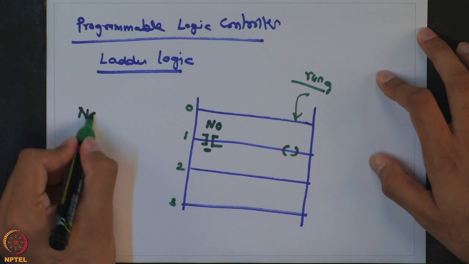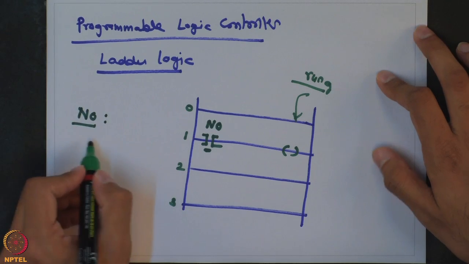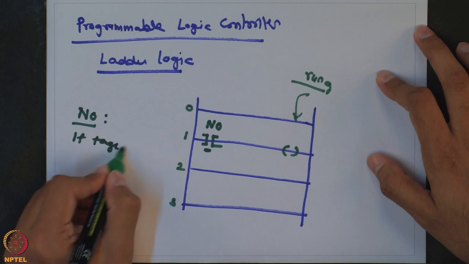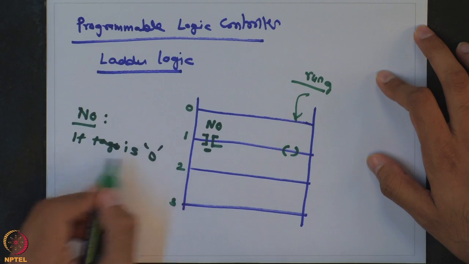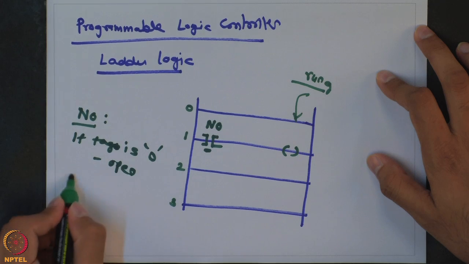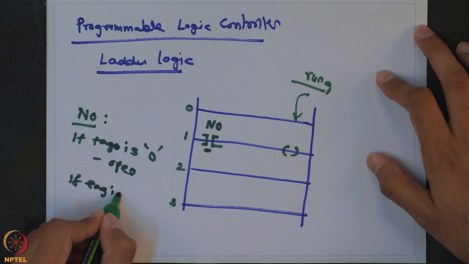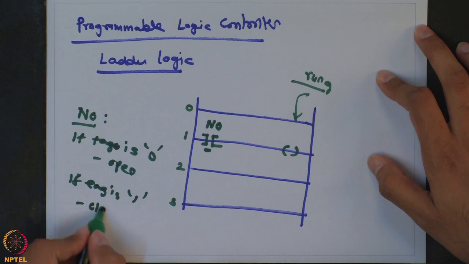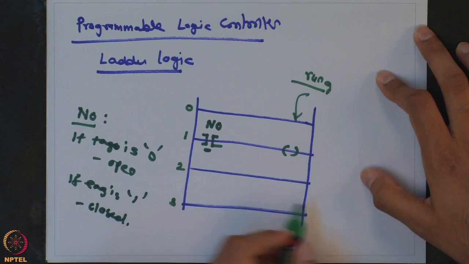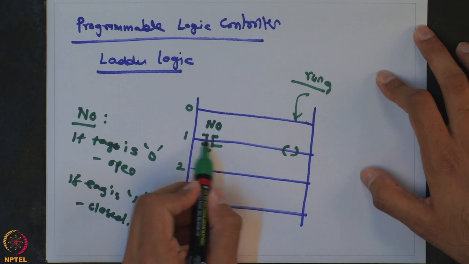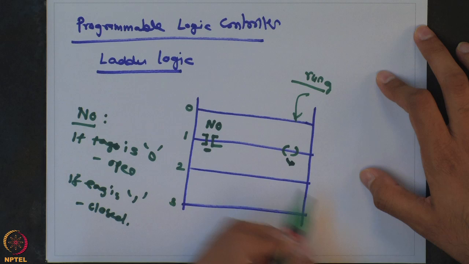So, when you have a normally open contact, if the tag is 0, it is open, if the tag is 1, then it is closed, and the idea is if this particular thing is closed, then this output will become 1.